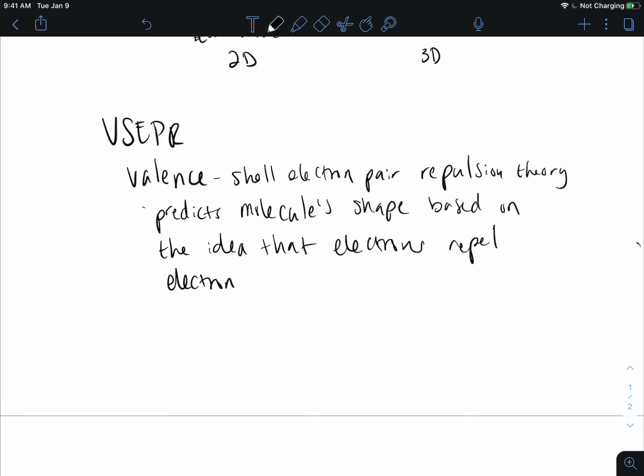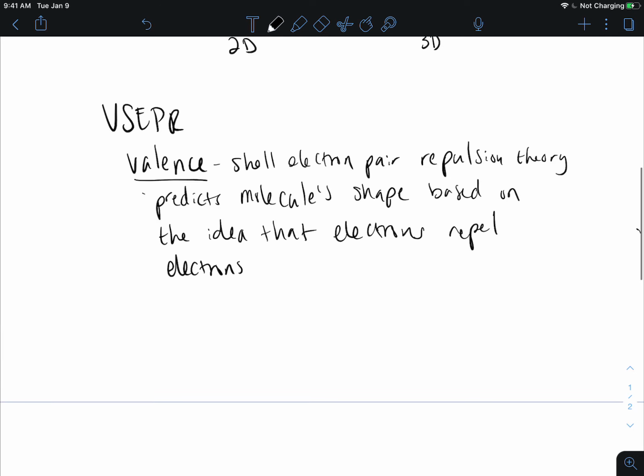And we are focusing on valence electrons, which is the same thing that Lewis structures focus on. So we're only looking at valence electrons because core electrons are going to be really tightly held to the nucleus, so they're not going to repel nearly as much.